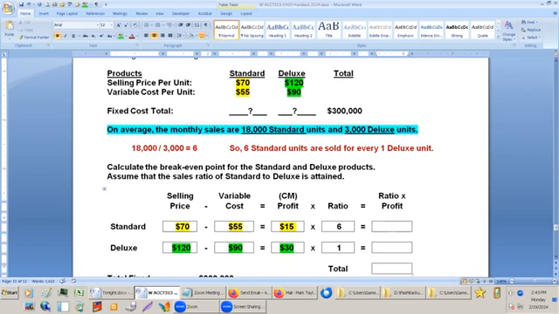You could also leave it at 18,000 and 3,000. This would become a really large number, though. 6 times 15, 90. And 30 times 1 is 30. So the total is 120.